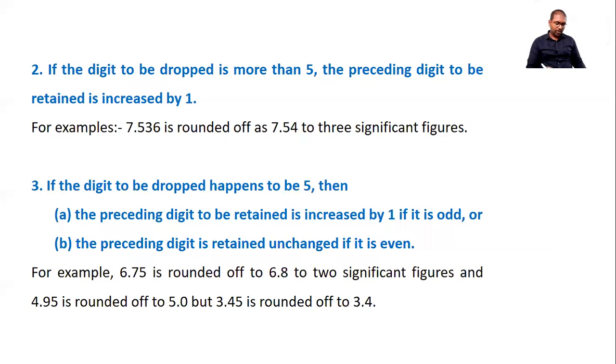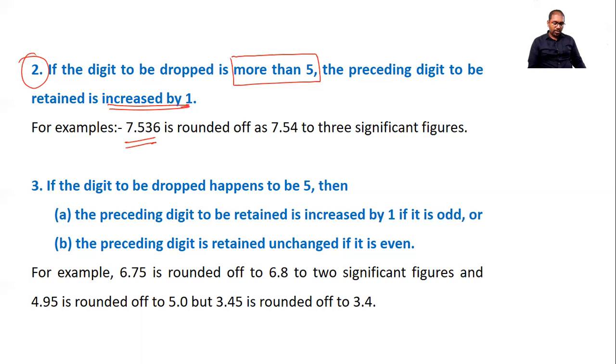Now rule number 2 you can see. If the digit to be dropped is more than 5, then the preceding digit to be retained is increased by 1. See here, this number we have to round off to three significant figures.